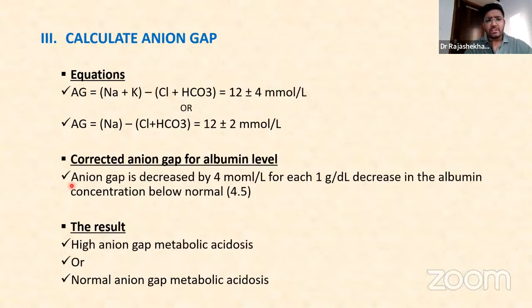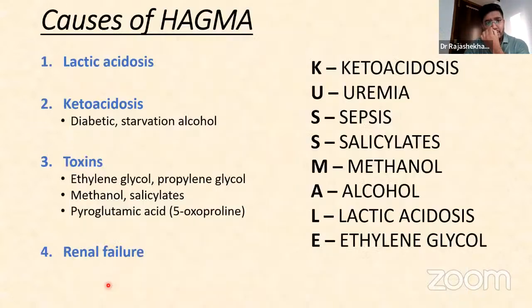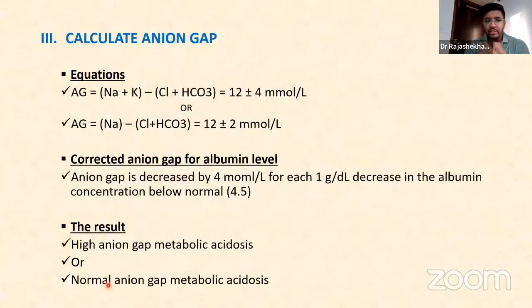As a final result, we'll have either a high anion gap metabolic acidosis or a normal anion gap metabolic acidosis. If there is a high anion gap metabolic acidosis, then we will be calculating the delta ratio, as I told you. If there is a normal anion gap metabolic acidosis, then we will be calculating the urine anion gap.